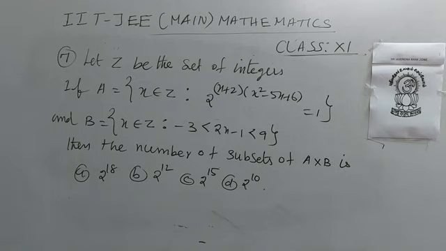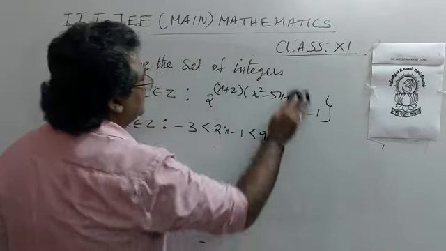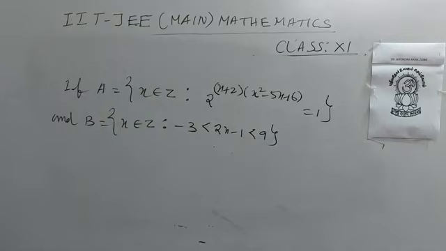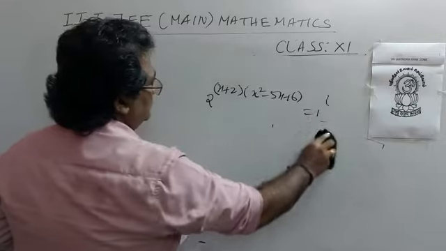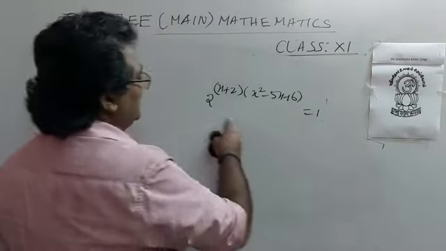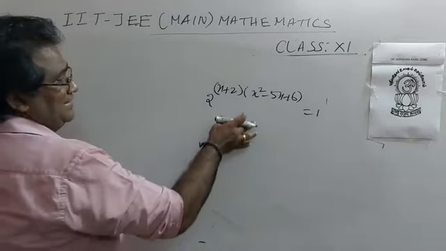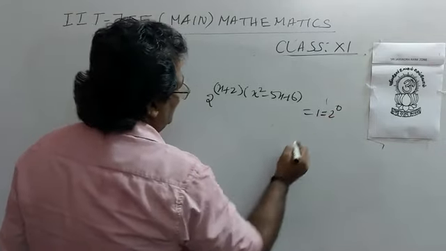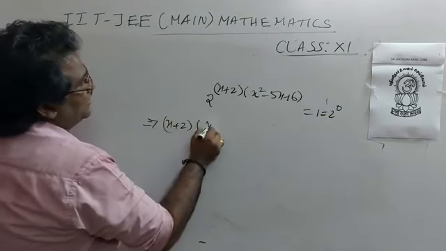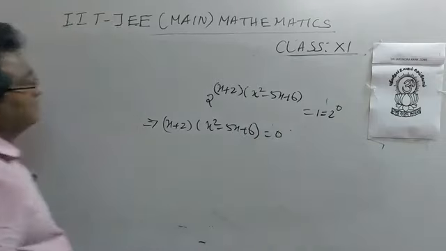To find this, first we have to find the number of elements in A as well as in B. Then we can find A cross B, then n of A cross B, and then the subsets of A cross B easily. Consider the condition for the elements in A. Since 1 can be written as 2 power 0, x plus 2 into x squared minus 5x plus 6 equal to 0.